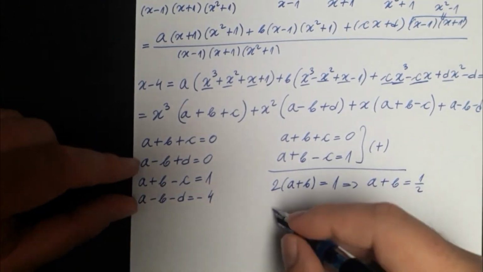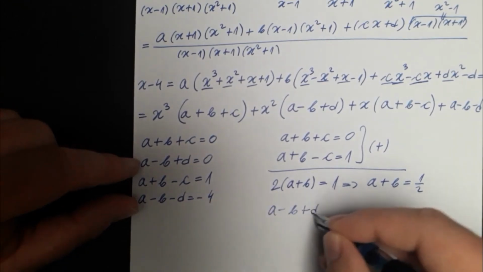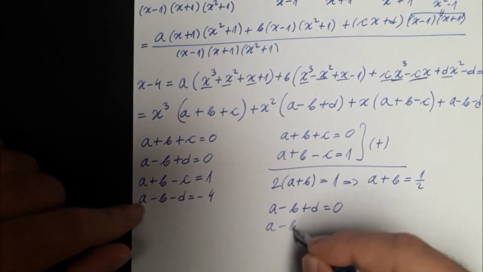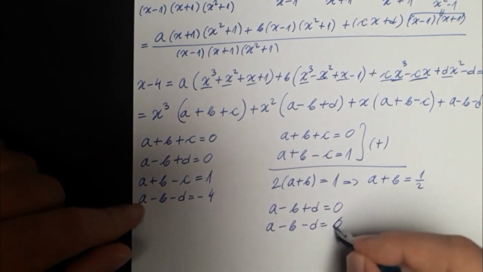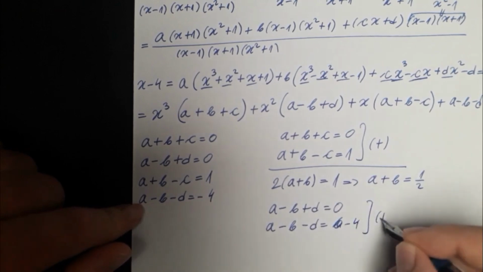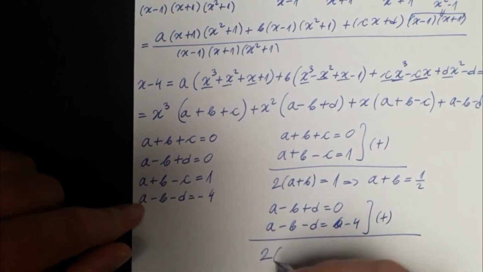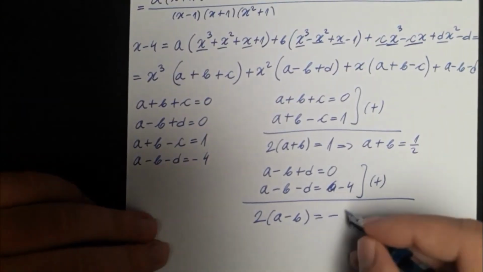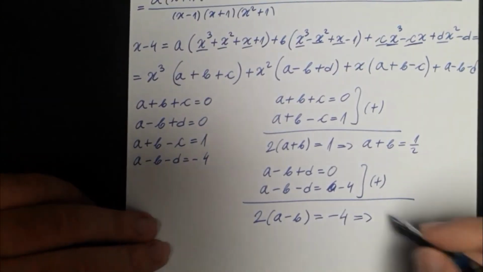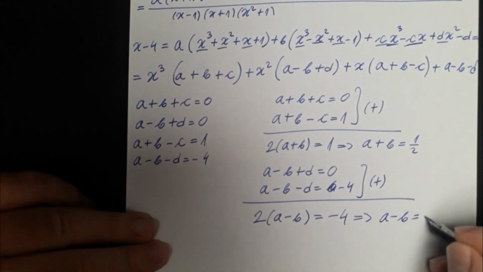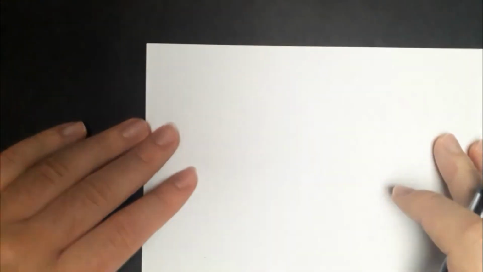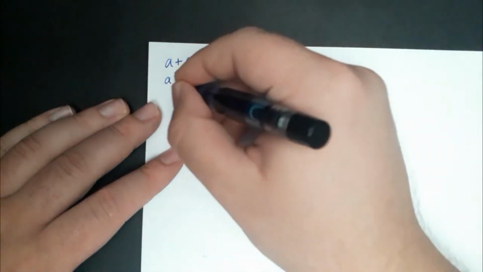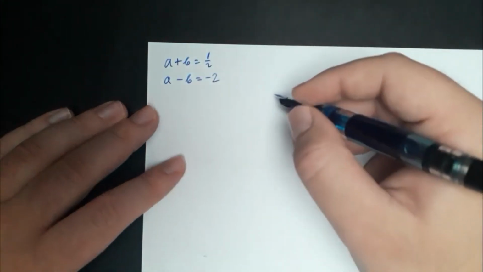Now, if we take the second equation, A minus B plus D is 0, and the fourth equation is equal to negative 4, and when we add them up together, we get 2A minus 2B. These are going to cancel out, is negative 4, and that is going to give us that A minus B is negative 2. So finally, we have that A plus B is 1/2, and A minus B is negative 2.